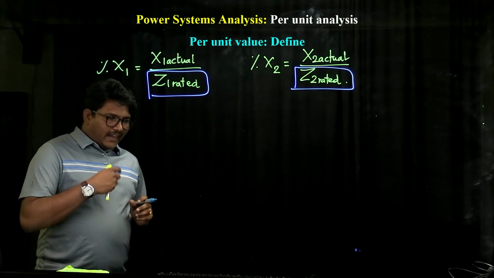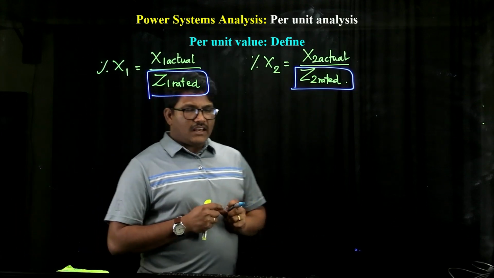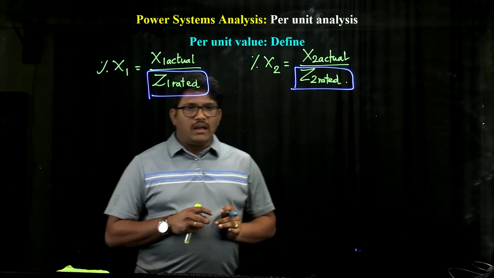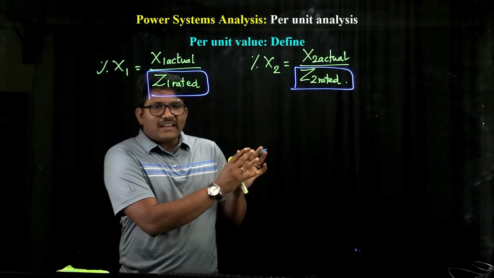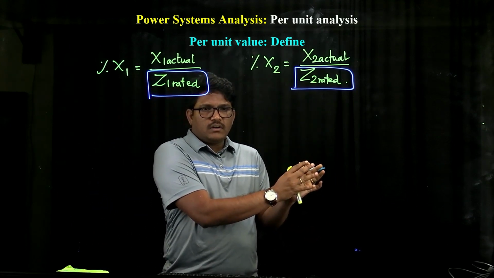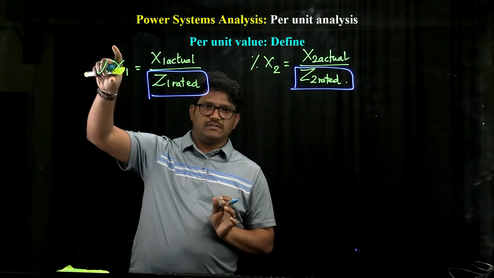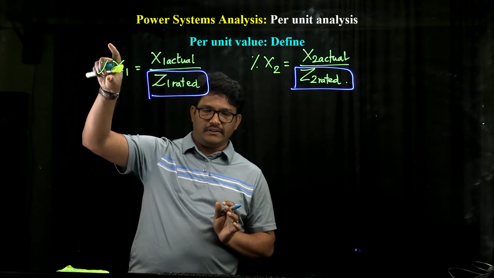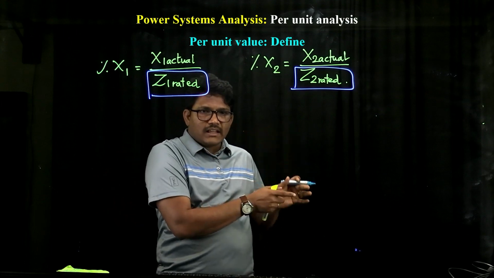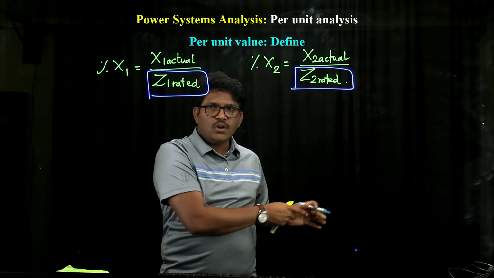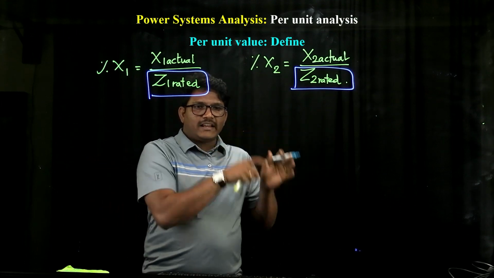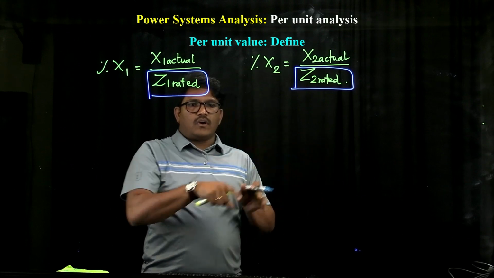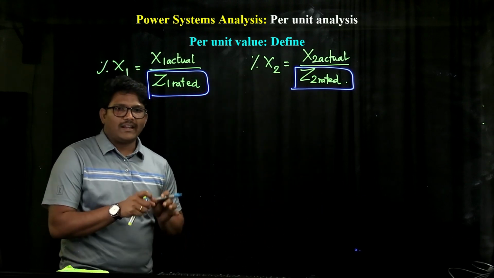Now, the idea of the per unit analysis is to define a single base reference for all the reactance quantities, a single reference base value for all the currents, and a single reference base value for all the voltages. So that's what we would like to have.